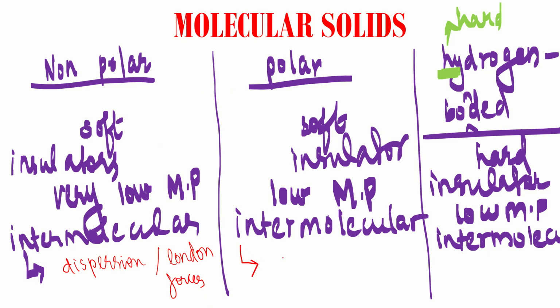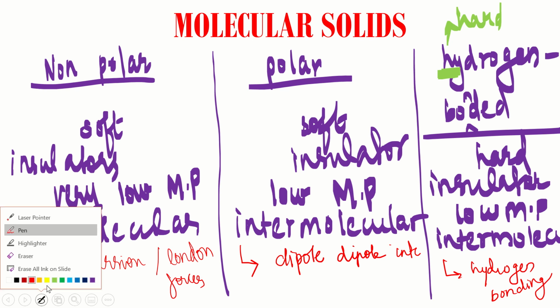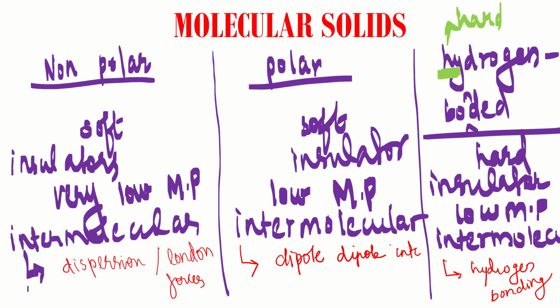When it comes to polar, it is dipole-dipole interaction. When it comes to hydrogen bonded, you all will know it is hydrogen bonding. Now last we are going to see the examples.